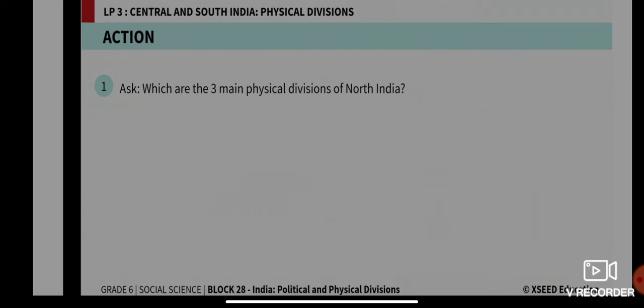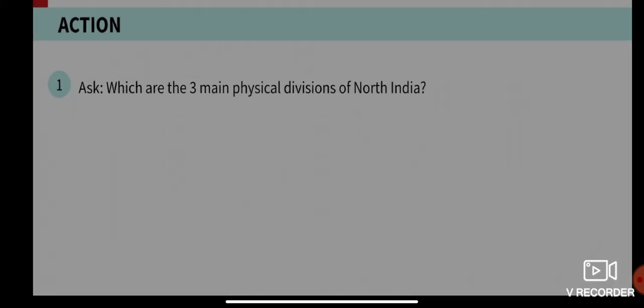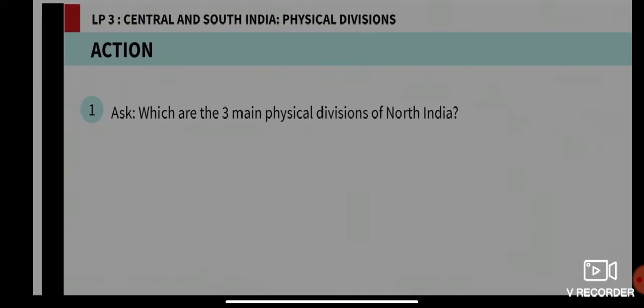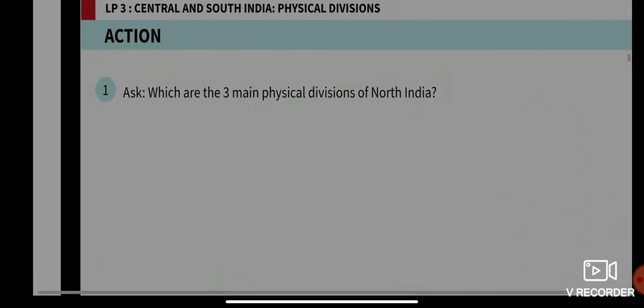So see, we have learned about the divisions in North India, right? Which are the three main physical divisions of North India? In our last class we learned about it. I hope you still remember that.